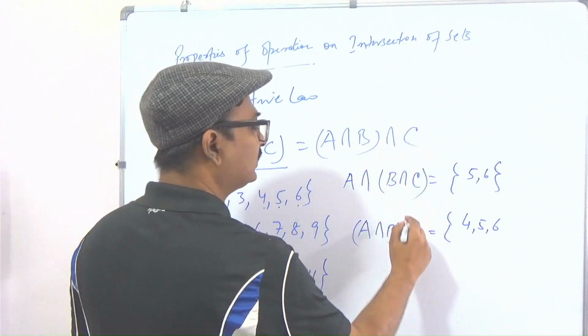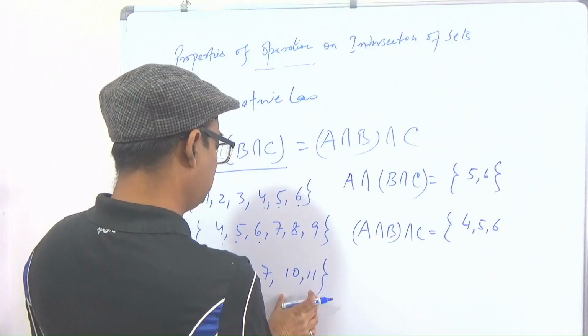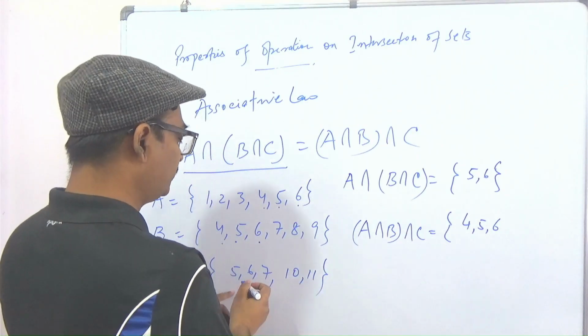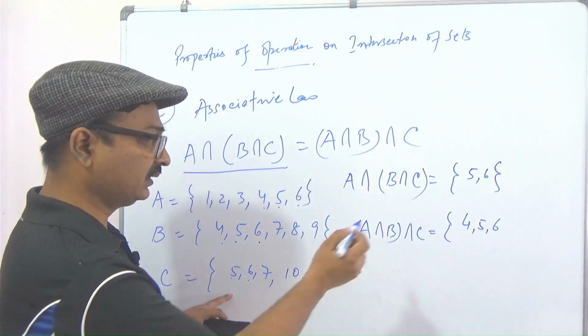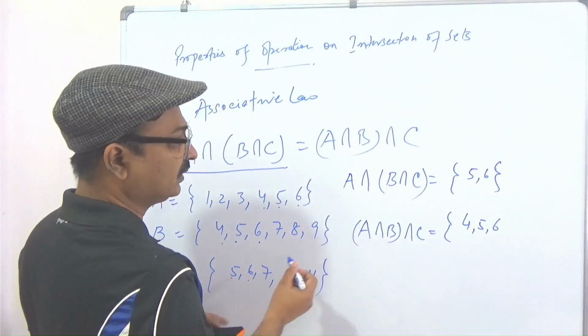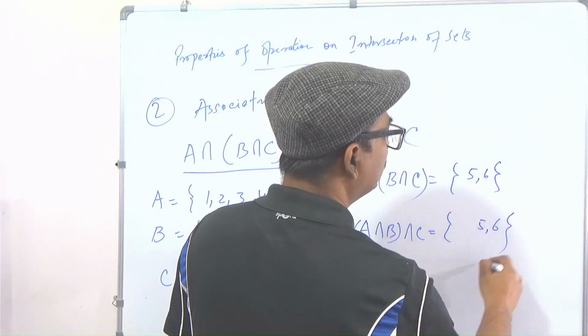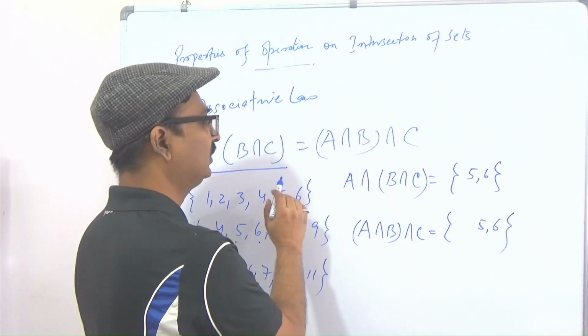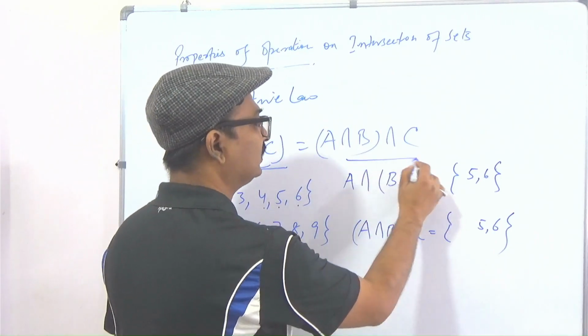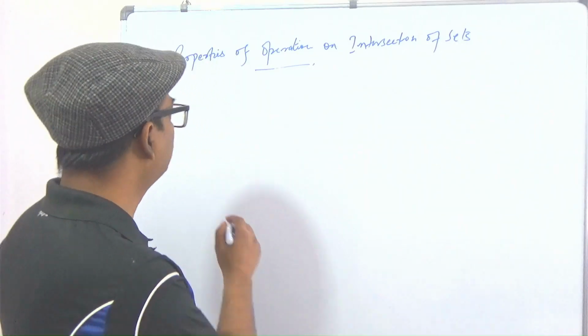Then intersection C. Now we'll see 4, 5, 6 and C. 4 is not present in C, but 5 and 6 are present. So we'll remove 4. So what is it? 5, 6. So this is equal to this. This is associative law.